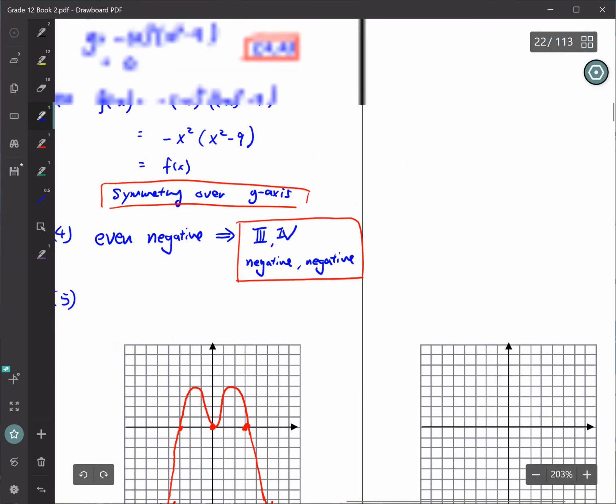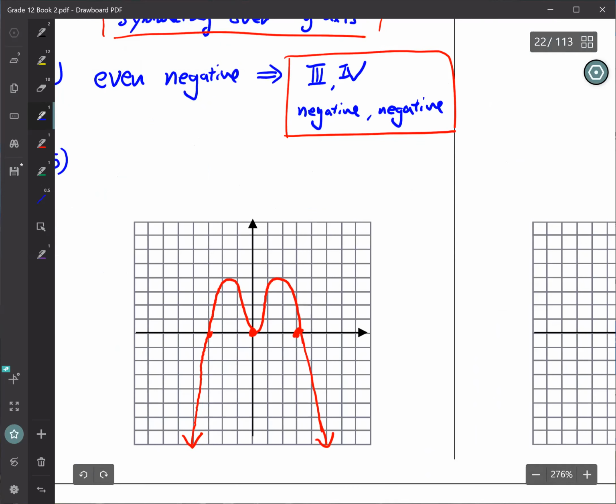I'm going to use the green color to show you. The part of the graph that's higher will be the 2 bumps, above the x-axis, meaning it's higher. So the green part is for f of x greater than 0.